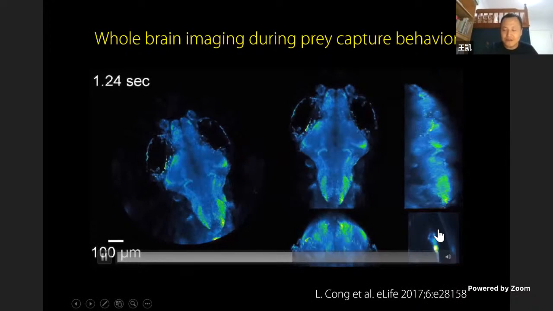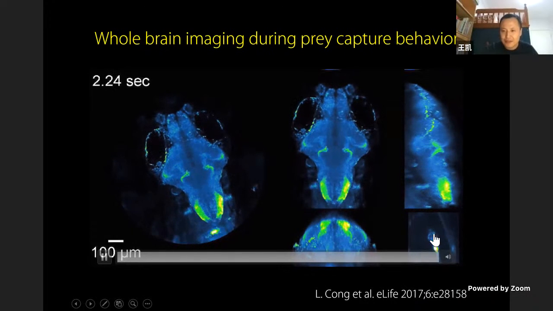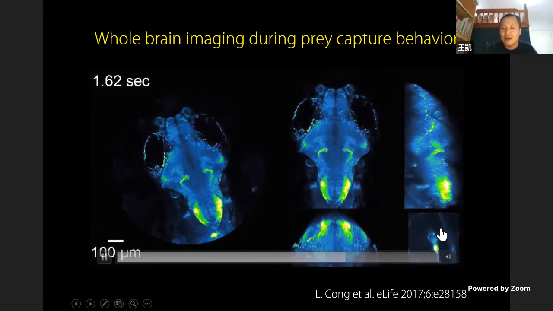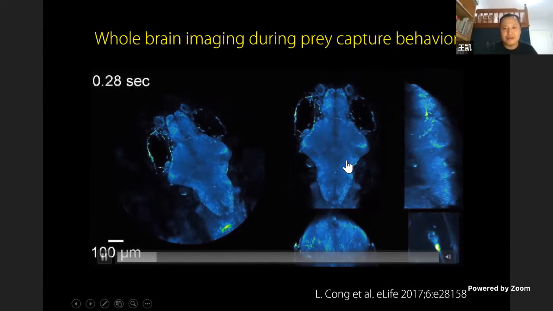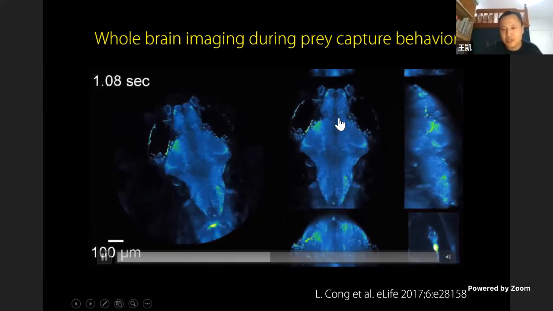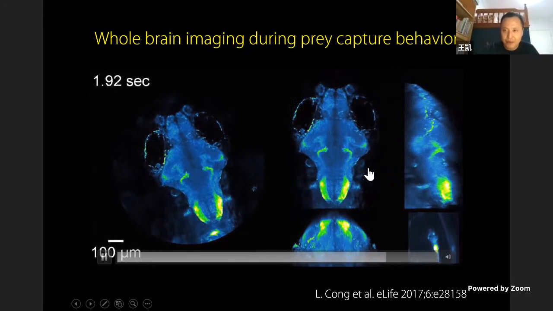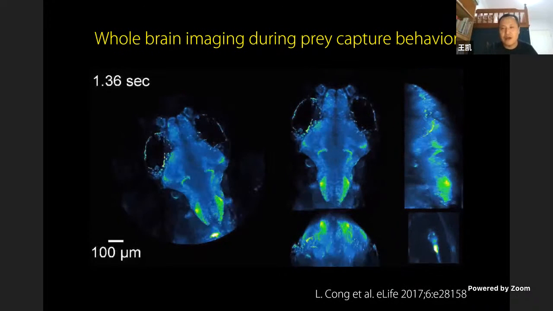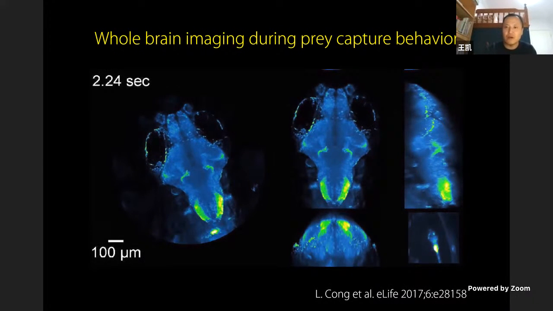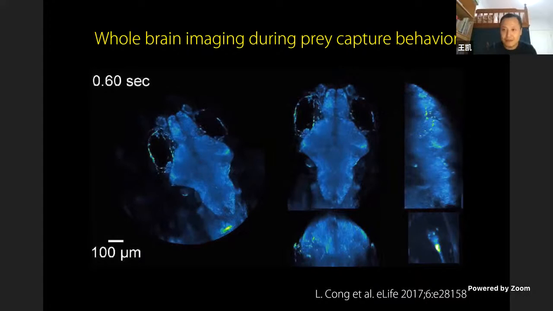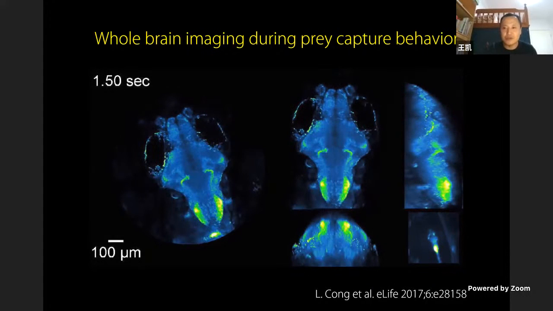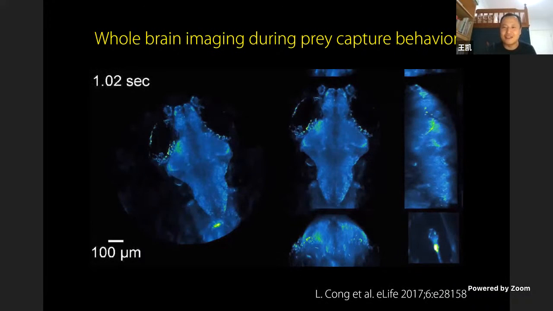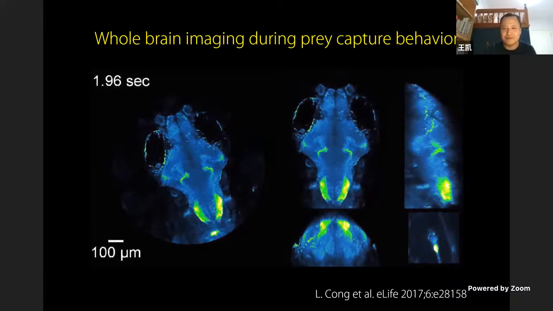On the left bottom corner, that's a behavior video. You can see a freely moving zebrafish capture a paramecium, and at the same time as we do the whole-brain functional imaging, we can see a lot of brain regions light up during this process, which is not possible if you just immobilize the zebrafish larvae in agarose or the like, because in that case the zebrafish cannot move and catch this paramecium.